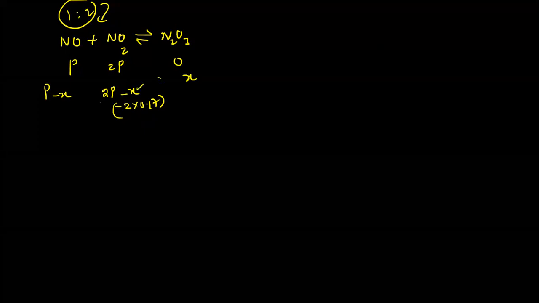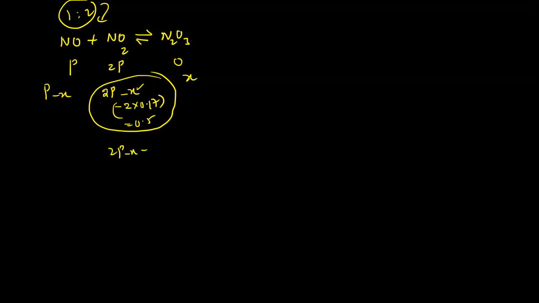In this, the partial pressure of NO2 already calculated is equal to 0.5 earlier. So from this 3.4 atmospheres of NO2 is used in the equilibrium, and 2P minus X minus 3.4 will be equal to 0.5, which is obtained earlier.